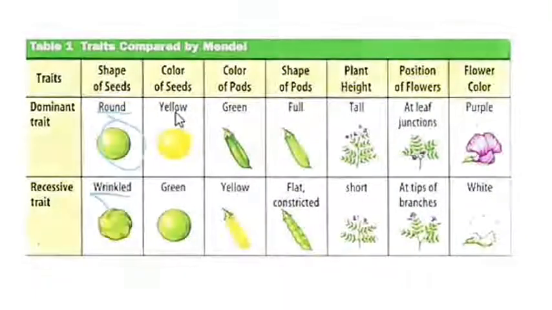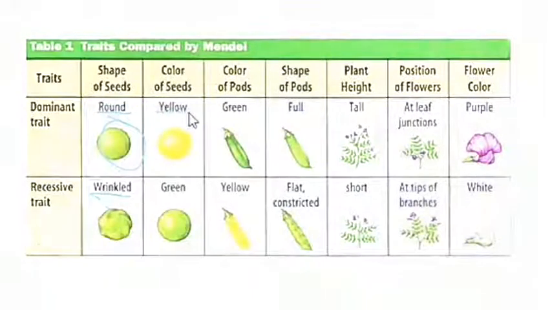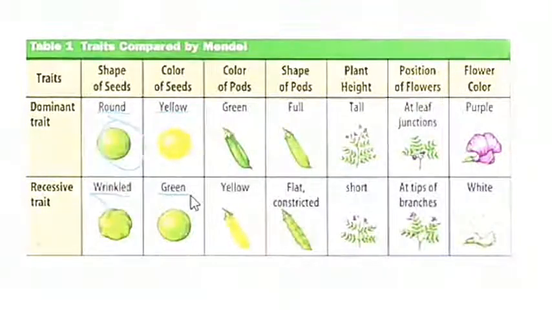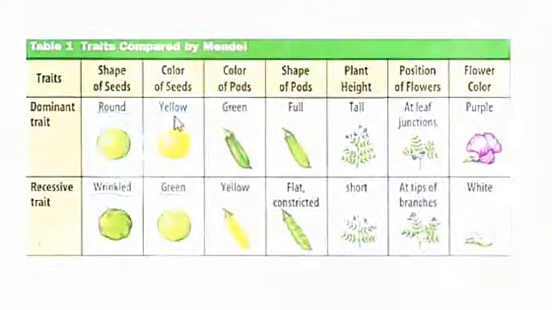Similarly, when he crossed plants with yellow seeds with plants having green seeds, in the F1 generation he obtained plants which all have yellow seed.